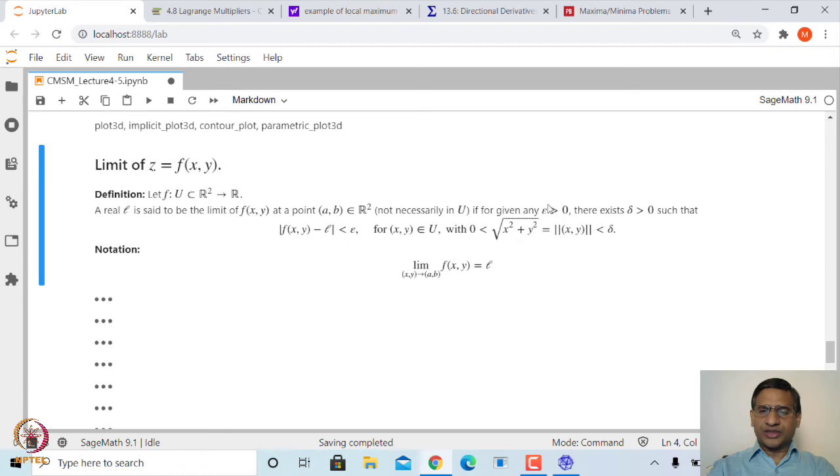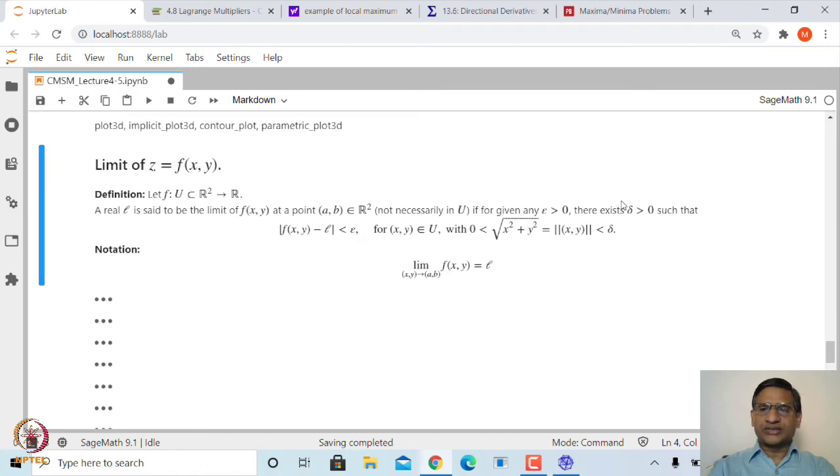The limit is equal to L if, for any epsilon positive, you can find a delta positive such that, taking any (x,y) in the disk of radius delta within this domain, and looking at the difference between f(x,y) and L in modulus, this should be less than epsilon.